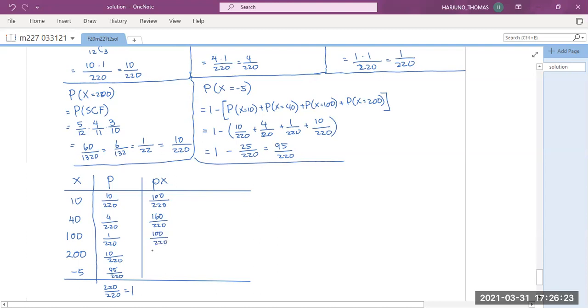Now this is 2000 over 220. And I wonder what this will be? 5 times 95 is 475, right? So negative 475 over 220. Now you add all of this.